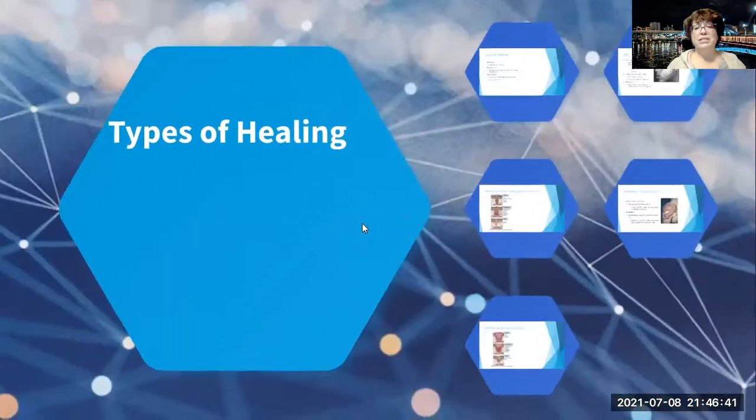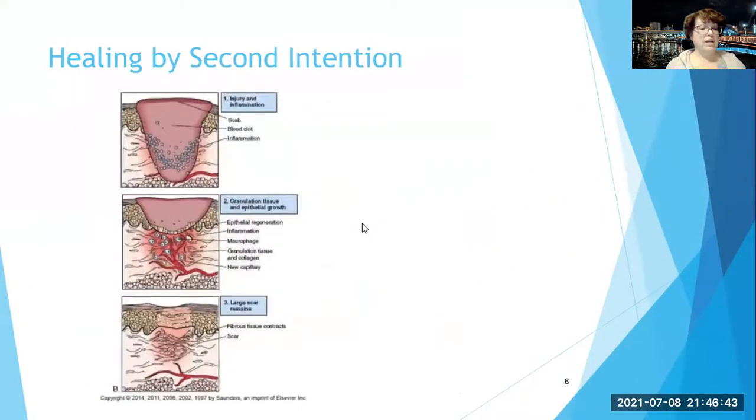So in healing by second intention, there is maybe a big scab. The edges aren't approximated the way they are in a first intention. There is still granulation and epithelial growth. There's more granulation tissue and collagen than there is in healing by first intention, and a large scar remains.